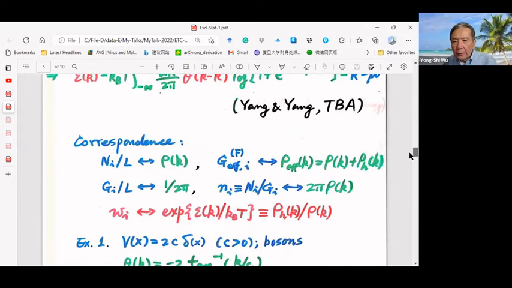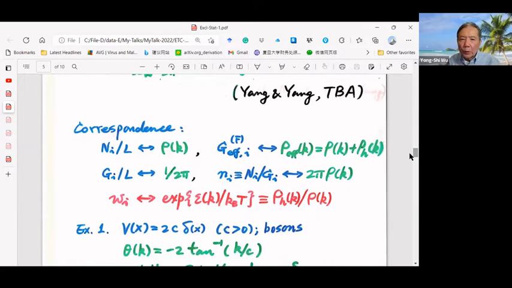Okay, so then we can see a one-to-one correspondence between Yang and Yang's result and the discrete formulation I have given before.